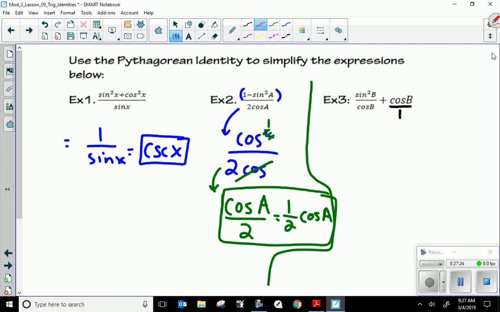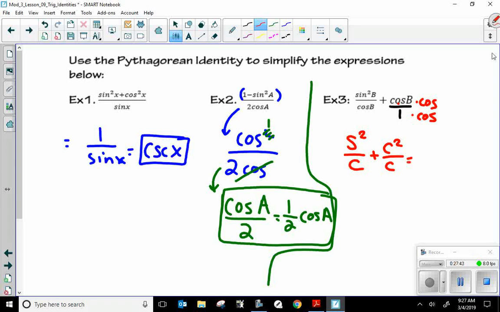But what if I multiplied the top by cosine, and what I do to the top, I need to do to the bottom? Now I'll have a common denominator: sine squared over cosine plus cosine times cosine is cosine squared over cosine.